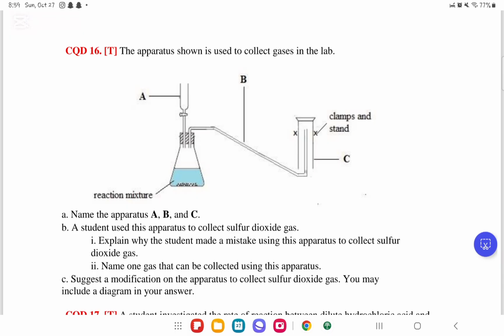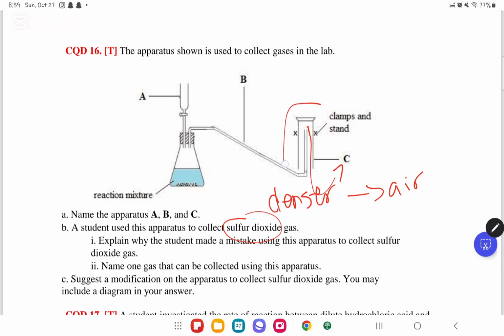I believe since sulfur dioxide is denser than air, it's going to escape from the bottom, so from here. Now, name one gas that can be collected, any gas that's less dense than air. For example, hydrogen gas is less dense than air.